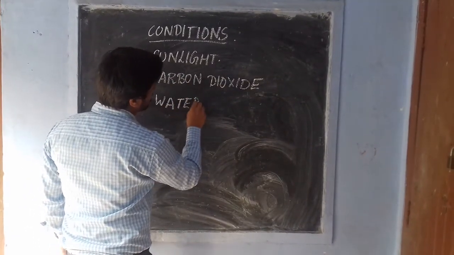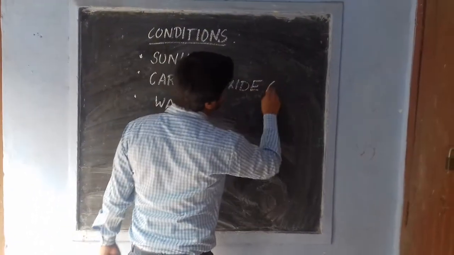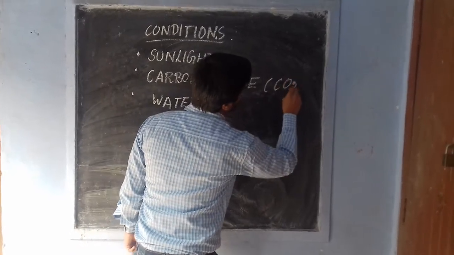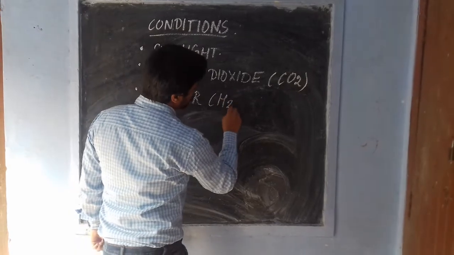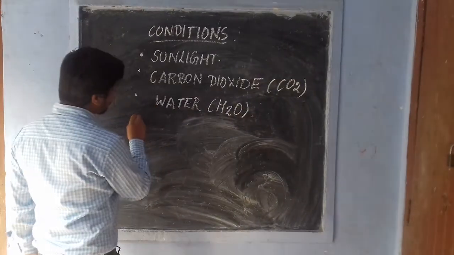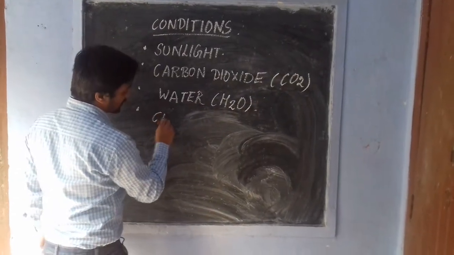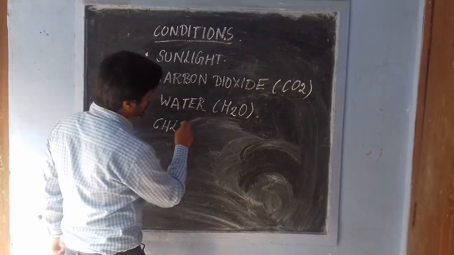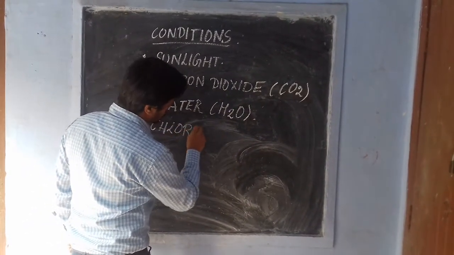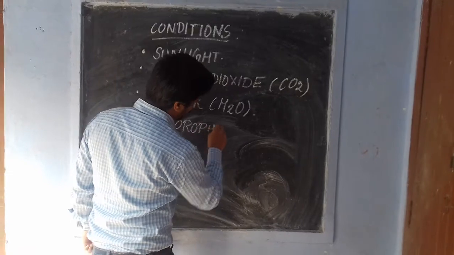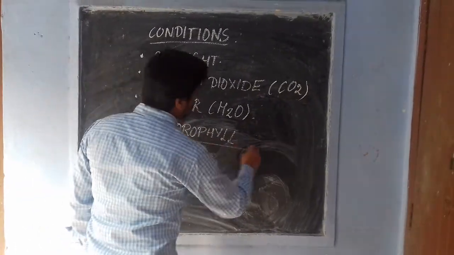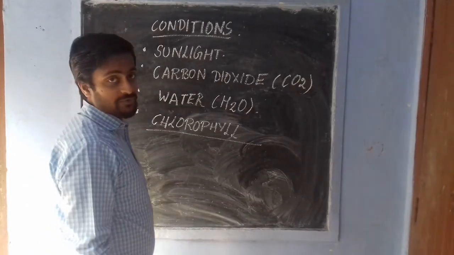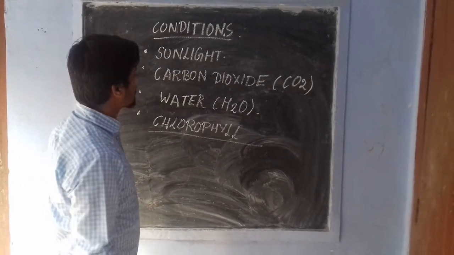The chemical formula of carbon dioxide is CO2, while that for water is H2O. And the fourth condition, which is absolutely necessary for photosynthesis to take place, is chlorophyll.